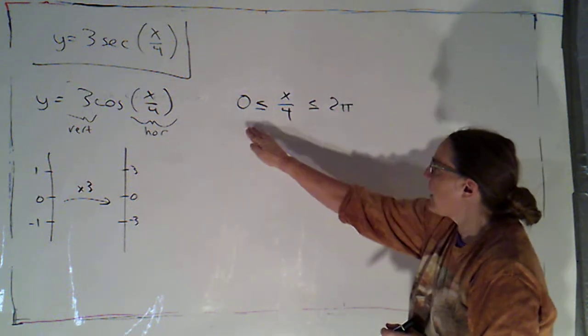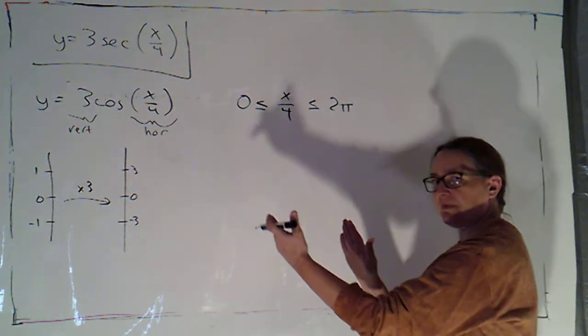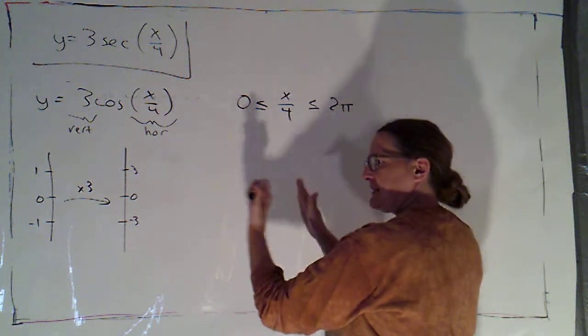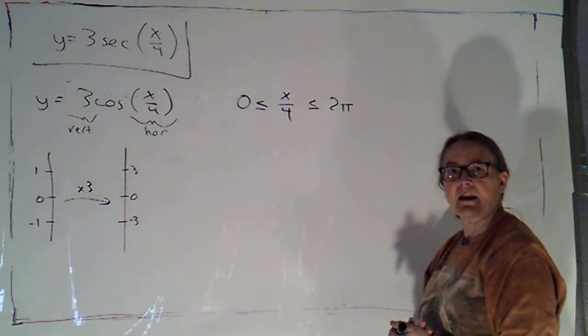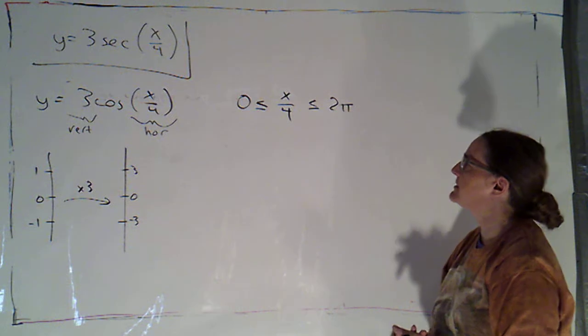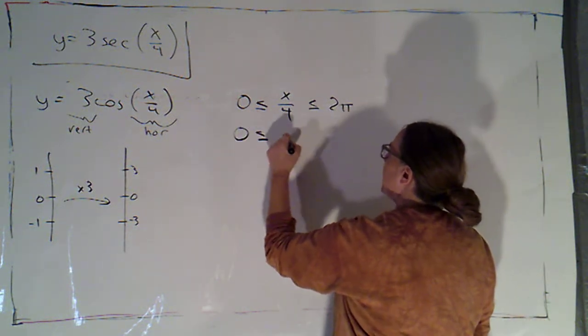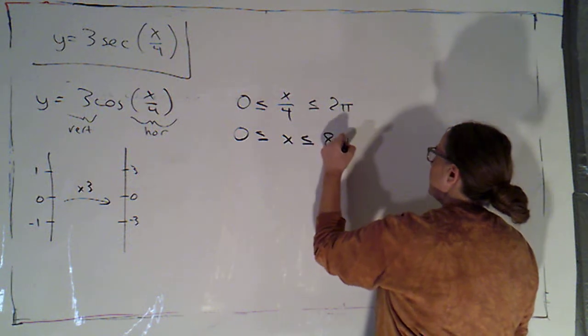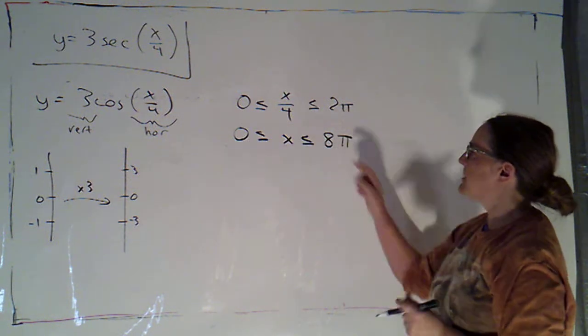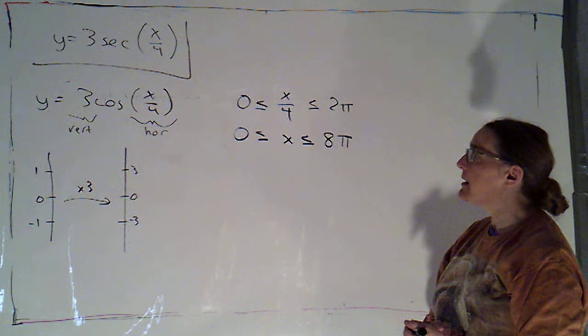But I'll get this first, and then extend as needed so that I can start and end with an asymptote. To solve for x, I would just multiply through by 4, and that means x varies between 0 and 8 pi.